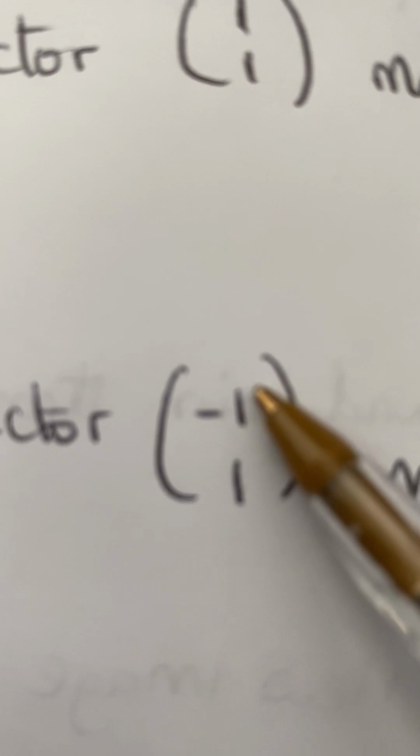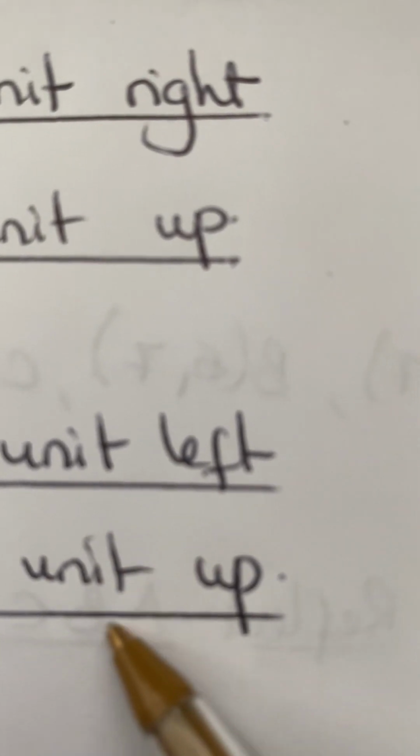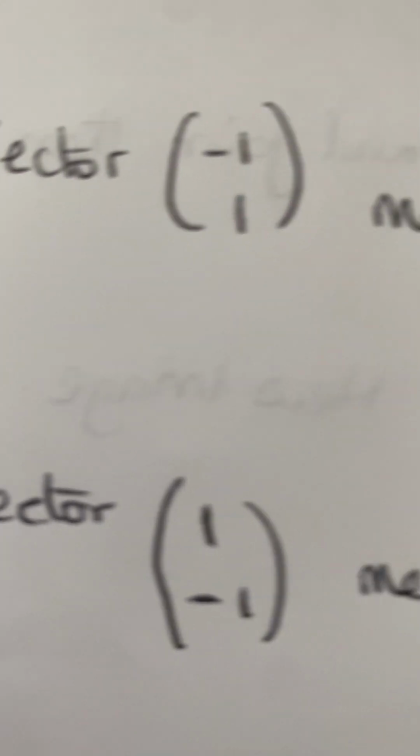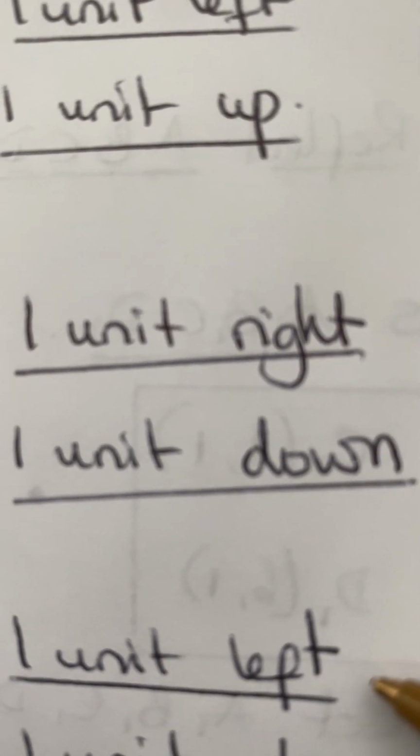The vector minus 1, 1 means 1 unit to the left and 1 unit up. The vector 1, minus 1 means 1 unit to the right and 1 unit down.